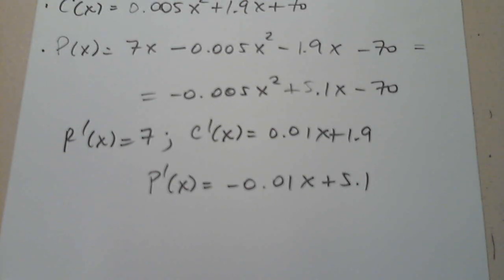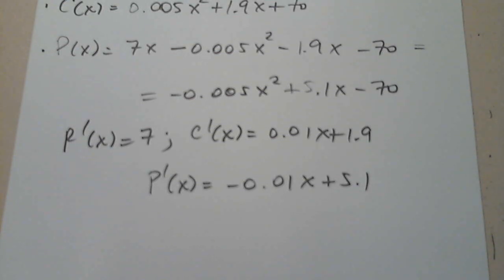So, first 7x, then 0.005x squared plus 1.9x plus 70. And then negative 0.005x squared plus 5.1x minus 70.